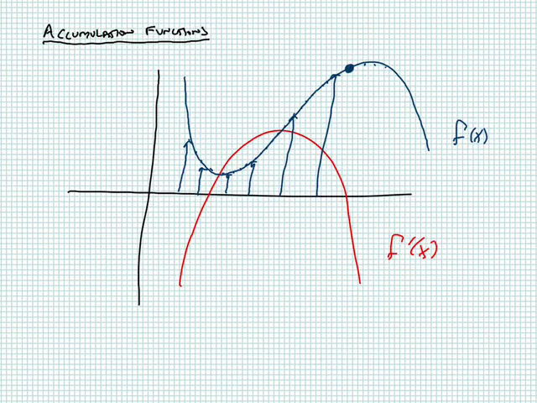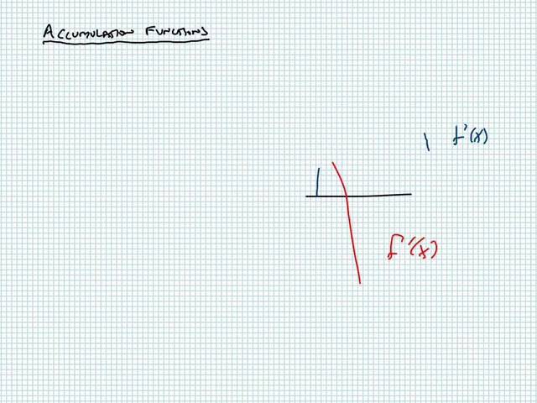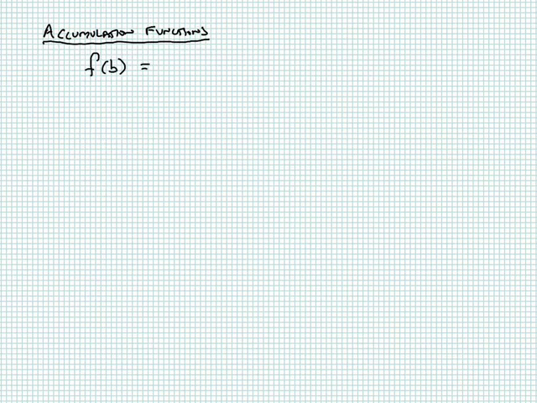So I'm going to start off with the first fundamental theorem of calculus, in the form we were looking at in the last video. I've got f of b equals f of a plus the integral from a to b of f prime of x dx.